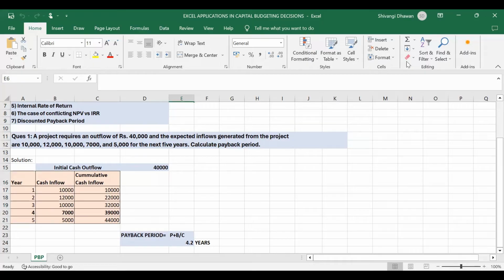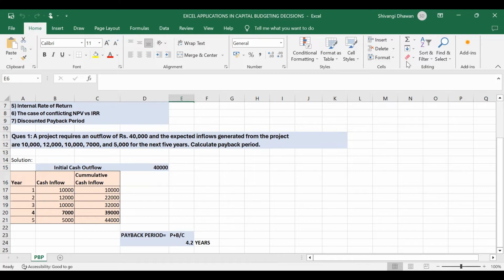So when you are having equal cash flows generated every year, that is, when the cash flows are in the form of an annuity, then your payback period is very simple to calculate. That is, initial investment divided by annual cash inflow.